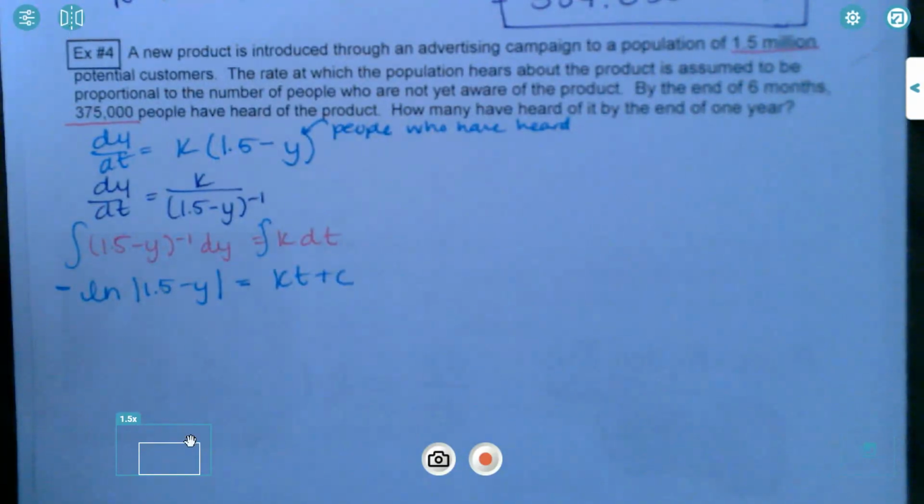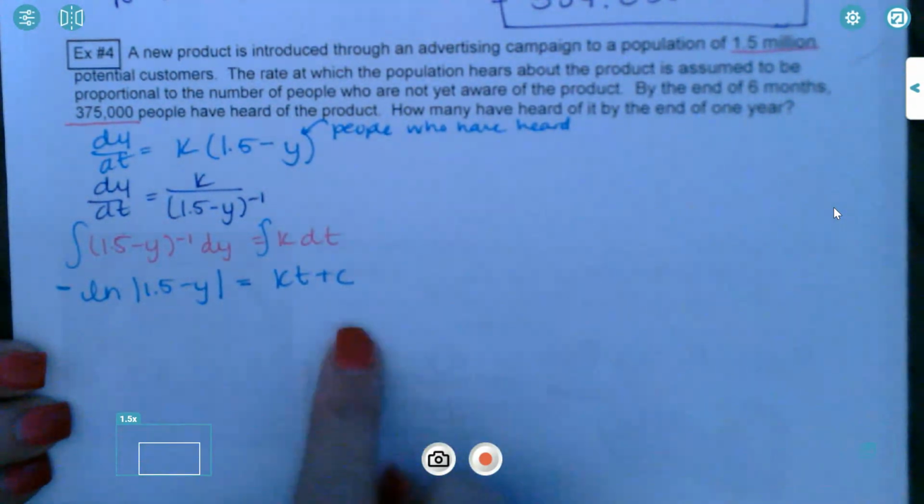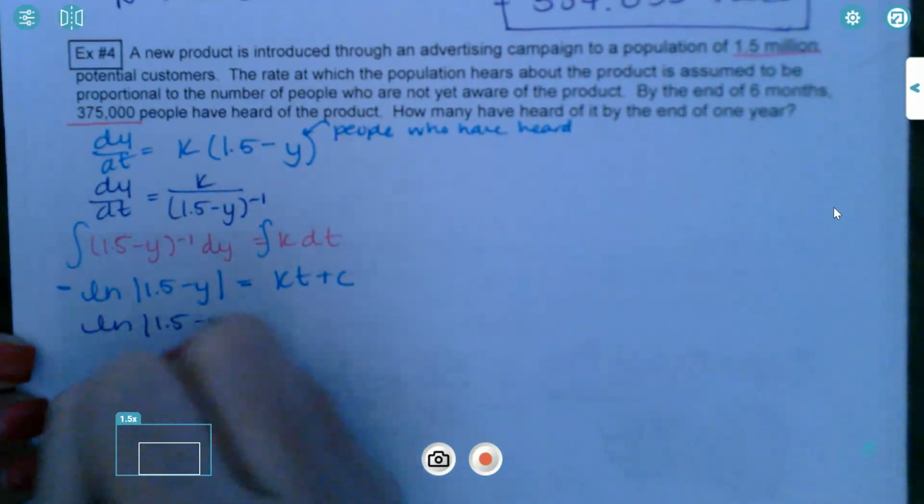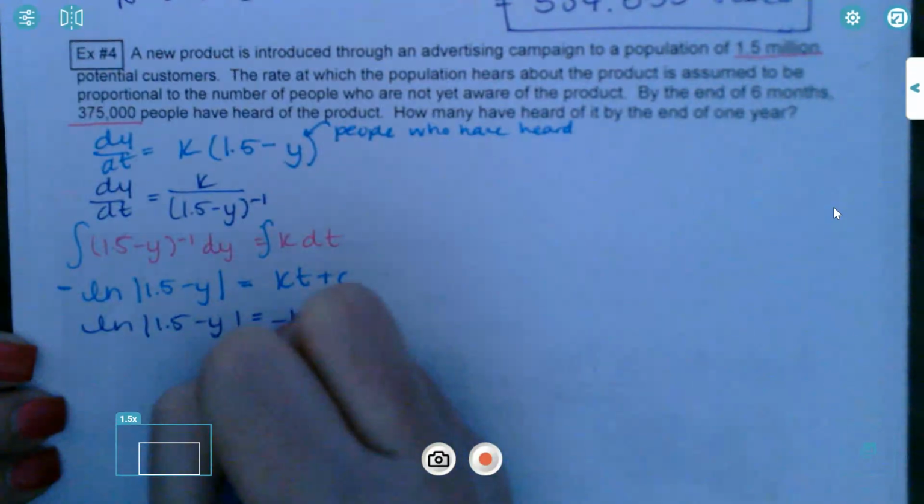So I'm going to move that negative over: the ln of 1.5 minus y equals negative kt minus c.